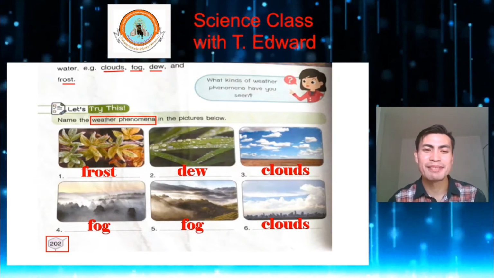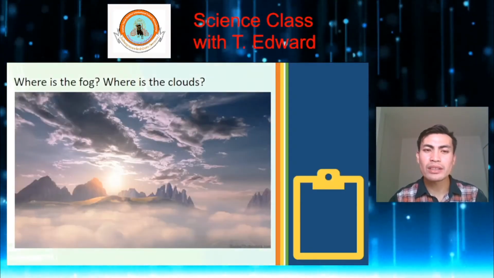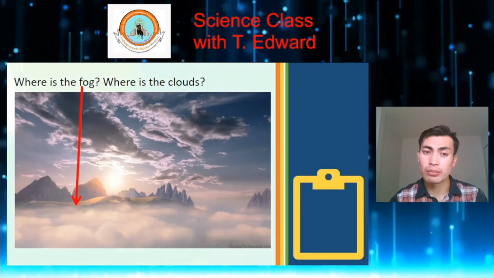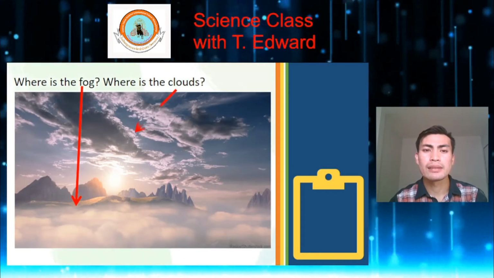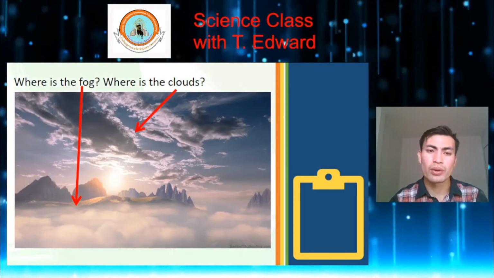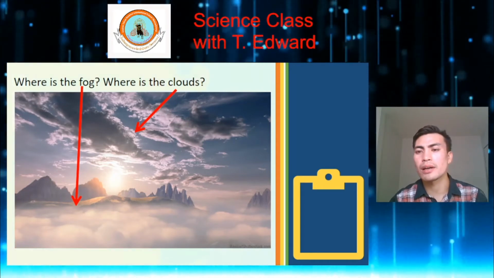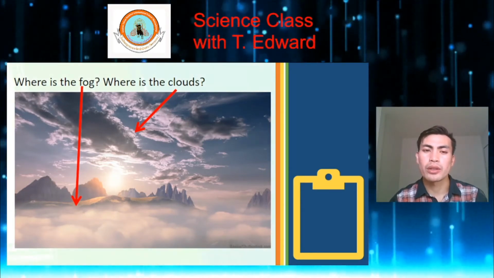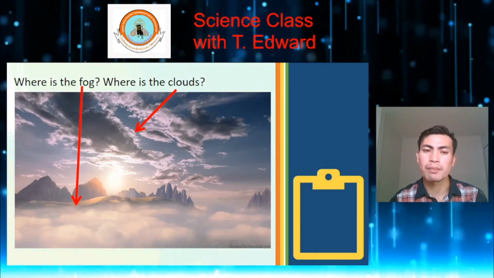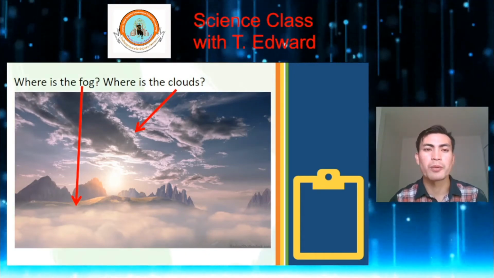Good job. Now, where is the fog in this picture? The fog is down below, and clouds are up above. So they are the same. They are water droplets, but they are different. The one is up above and the one is down below.